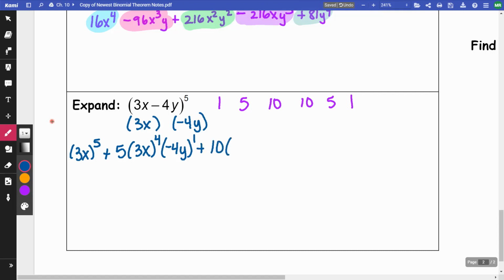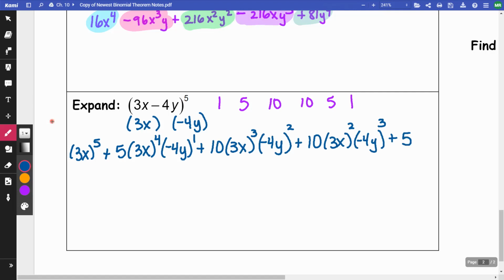Then 10, and then this time my 3x is going to go down to the third, which means my negative 4y, 3 plus 2 gets me 5, plus 10, because I have a second 10 here, and this time my 3x is going to be squared, which means my negative 4y is going to be to the third, because 2 plus 3 gets us 5, plus 5 times 3x to the first, and negative 4y to the fourth.